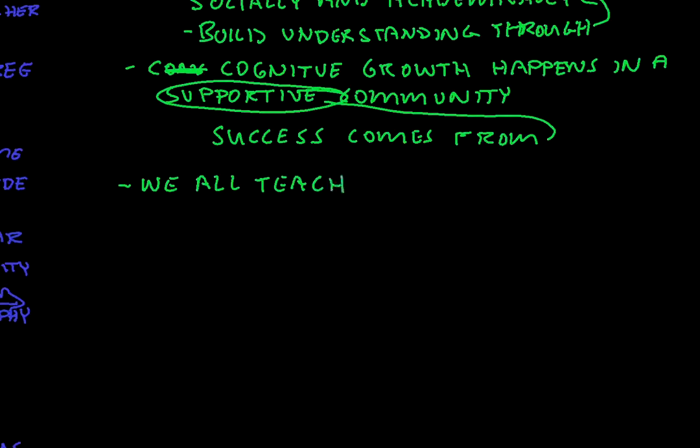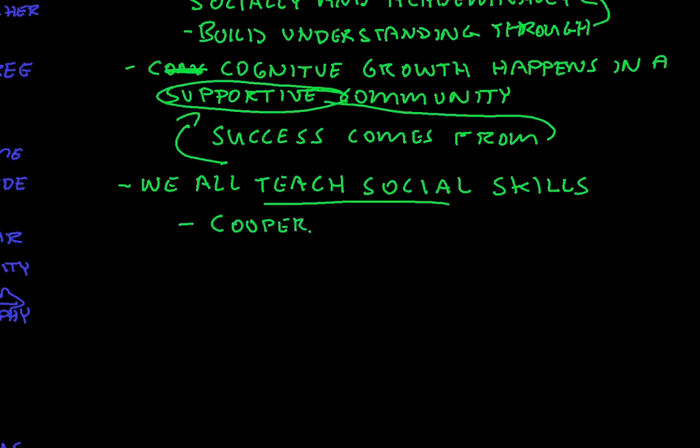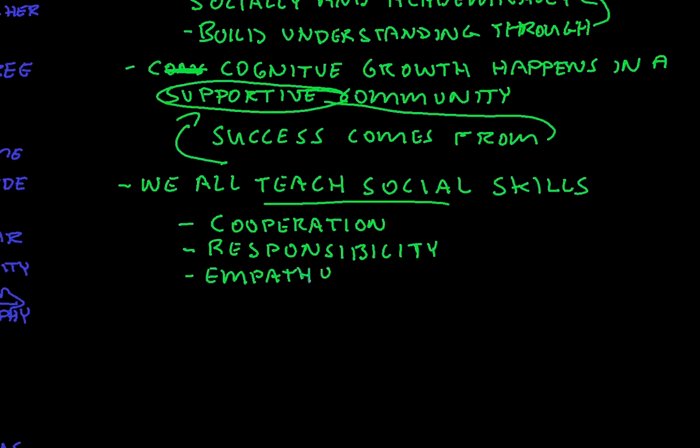And then along with that, as teachers, we have a responsibility of teaching social skills, no matter what subject we're teaching. And so understanding how to be part of a supportive community is an essential social skill that we need to be teaching. And so we're teaching skills like cooperation, responsibility, empathy, self-control, and even assertion.